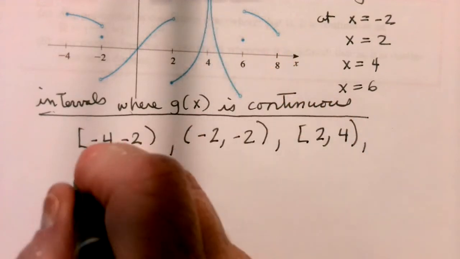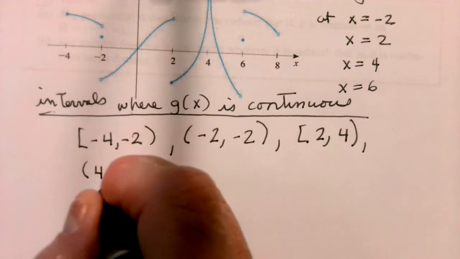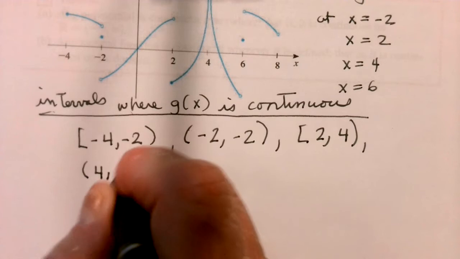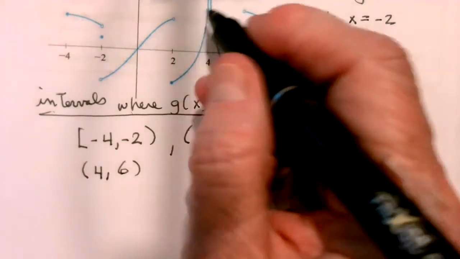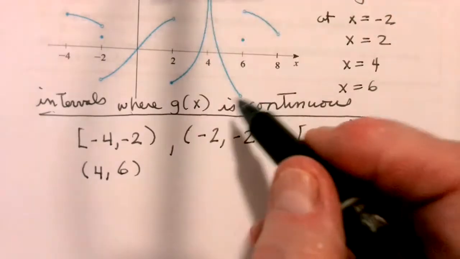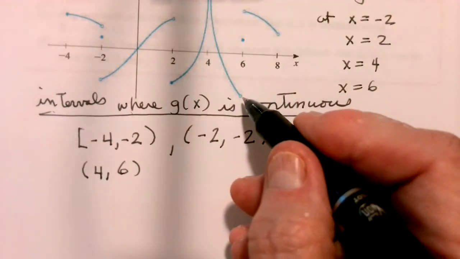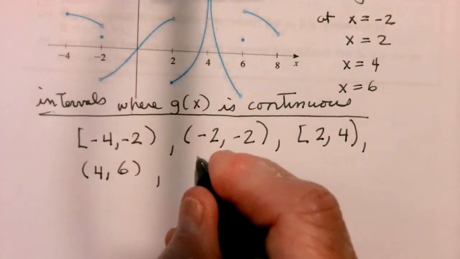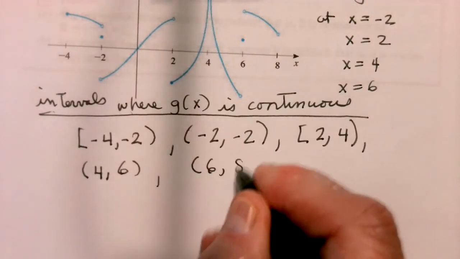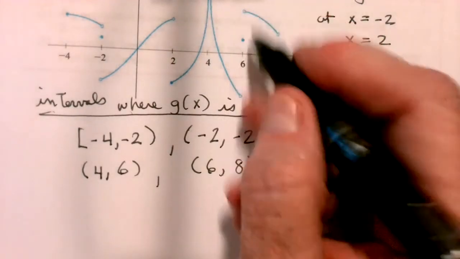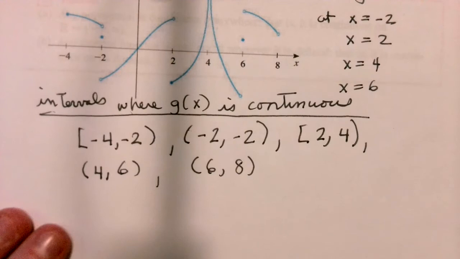And so that's going to be an open bracket 4 and then an open bracket 6, because of course there's no point going up there, it just keeps going up, up, up. And right here, that is a hole. And then the other interval is from 6 to 8. These are both open circles. So from 6 to 8.